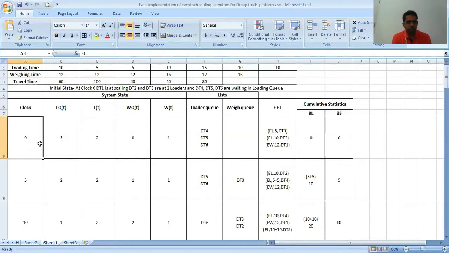At clock 0, as the initial state is explained, 5 of the trucks are at the loader side, and 1 truck is getting weighed.